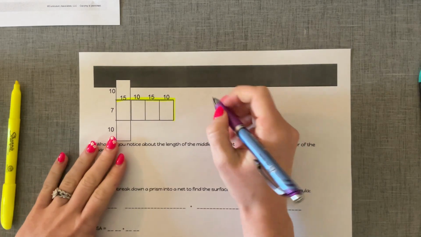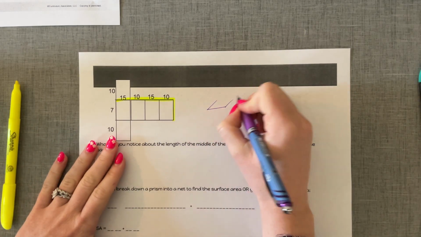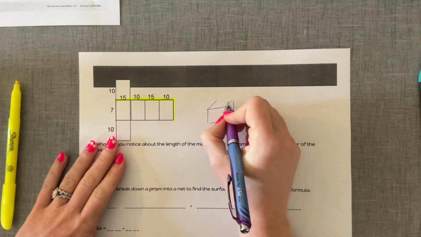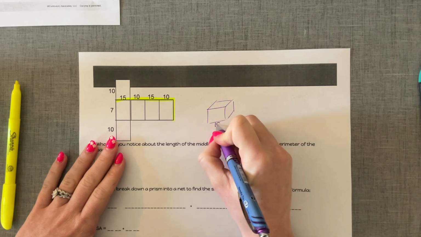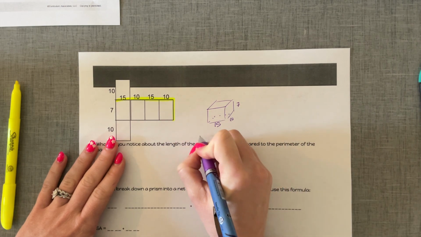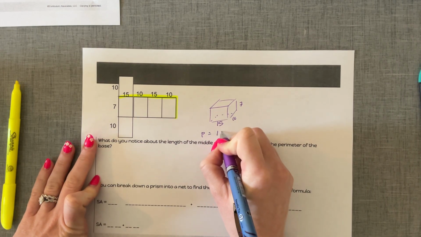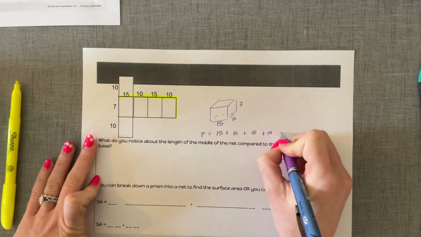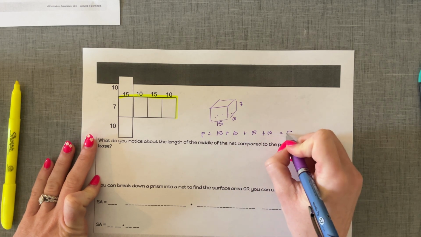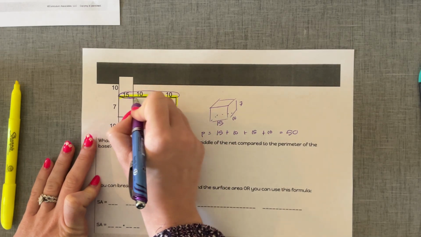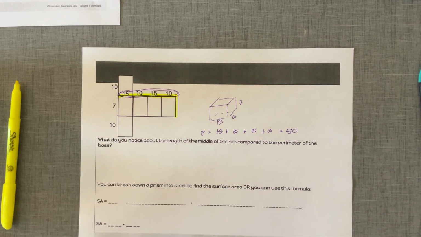In our original shape, the perimeter was 15 plus 10 plus 15 plus 10, so a total of 50 centimeters. Well, that is the length of this, okay?